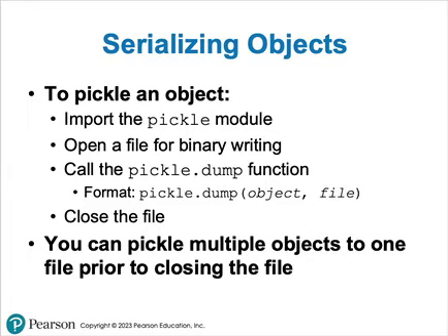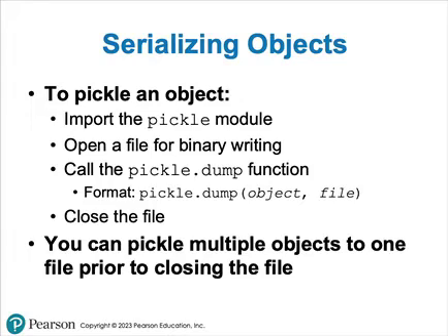There is a pickle module that reads and writes files. This serialization works with binary data. So you need to open the file for binary write, which we'll see how to do in a moment, and then you call the pickle.dump function, and you specify the object that you want to serialize, and then the file handle or the file object for whatever file you want to write it to.